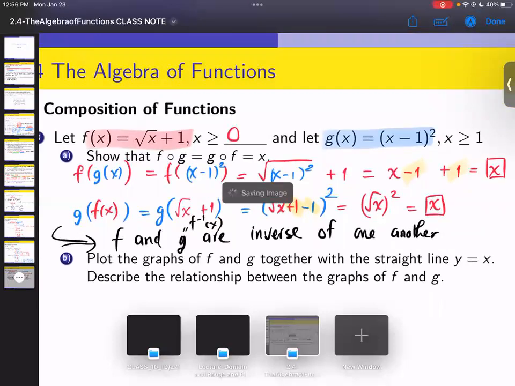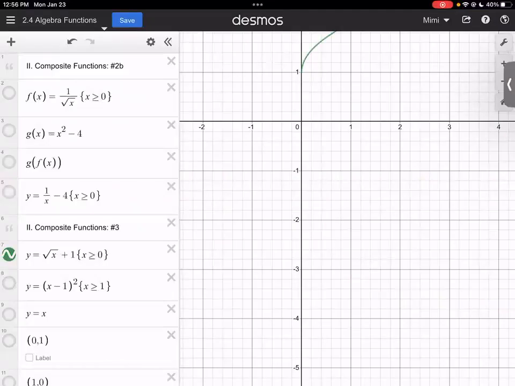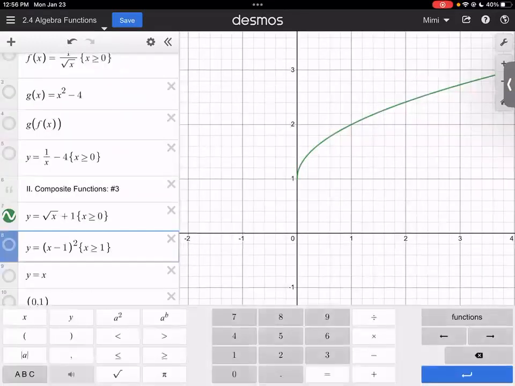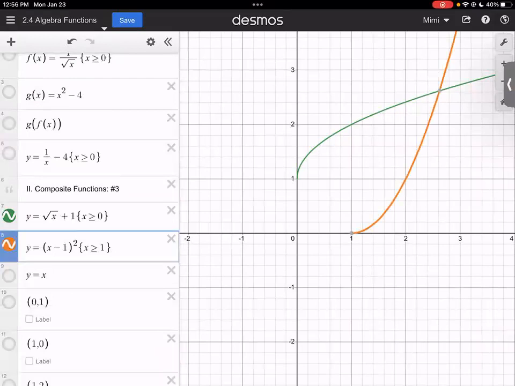Okay, together with the straight line y equals x. So that's my first one. That's f and that's g. And this is y equals x. What do you see?